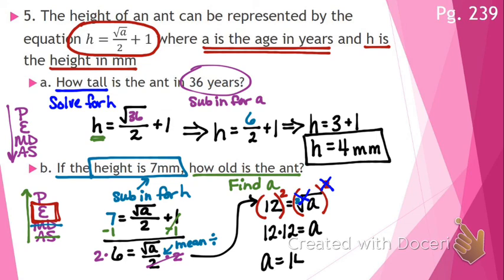So I have A equals 144, and we are measuring A in years. I find this a little bit unbelievable that an ant lives to be 144 years old. But I've also never seen a 7 millimeter tall ant. For all I know, they do live for a really, really long time.